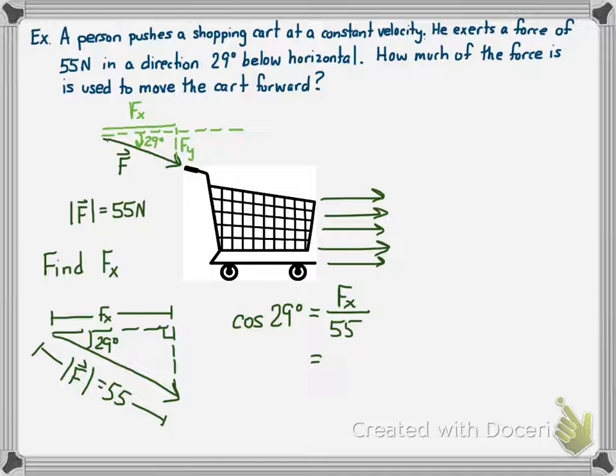So I can multiply both sides by 55, and so I have 55 newtons times cosine of 29 degrees equals Fx. And if I crunch those numbers in my calculator, and you should double check this, Fx is equal to 48.1 newtons.